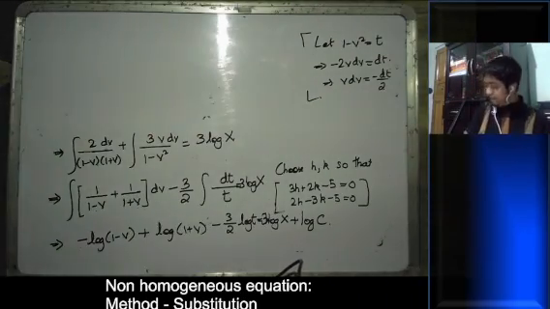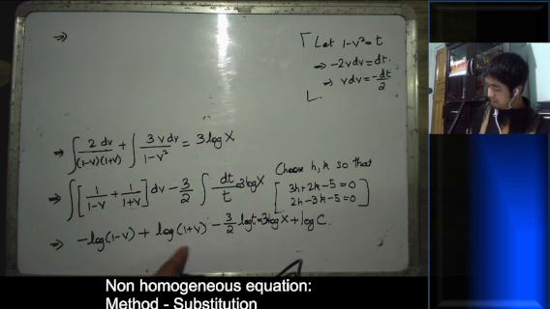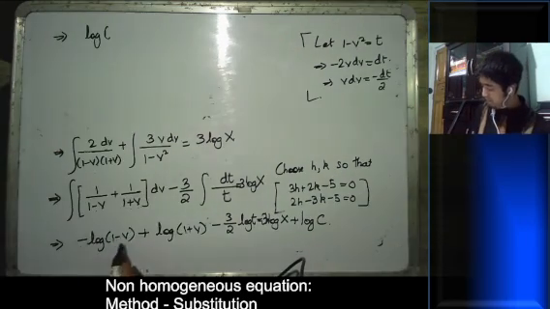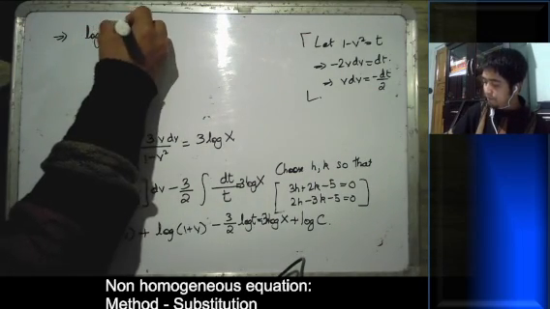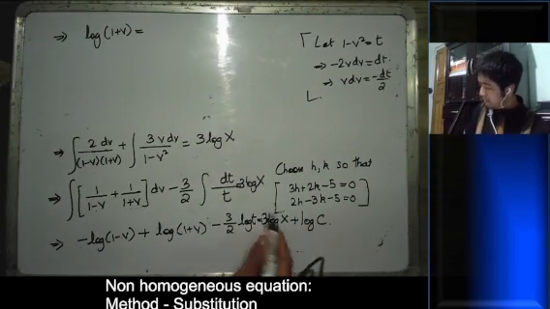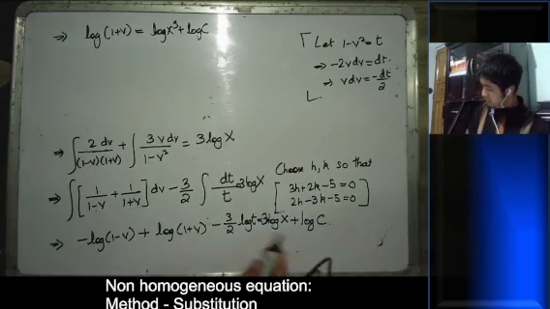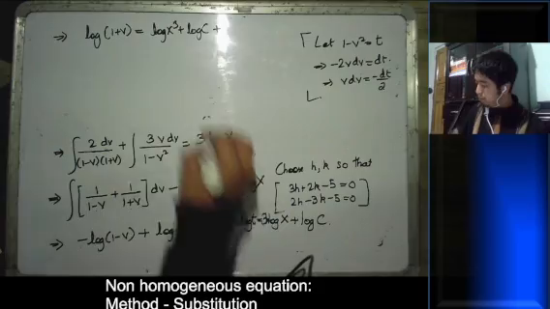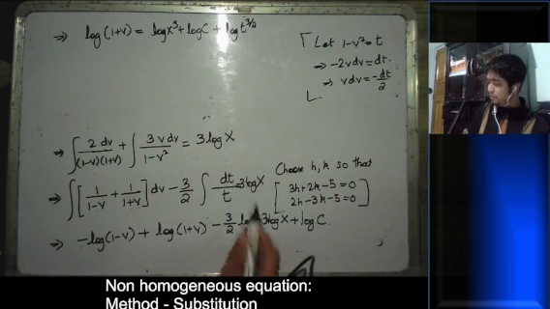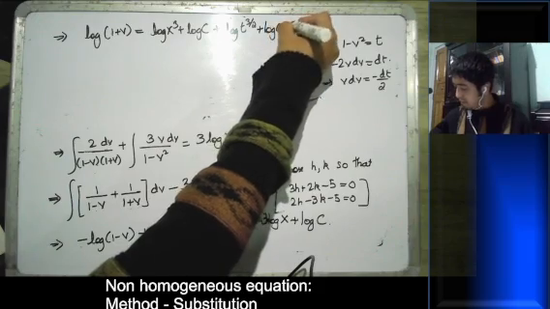So after doing all that, log 1 plus v, we can transfer everything to that side so that they become plus. It will become easier. So log 1 plus v, and over there it becomes log x cubed plus log c plus log t to power 3 by 2, and then this one becomes plus log 1 minus v.